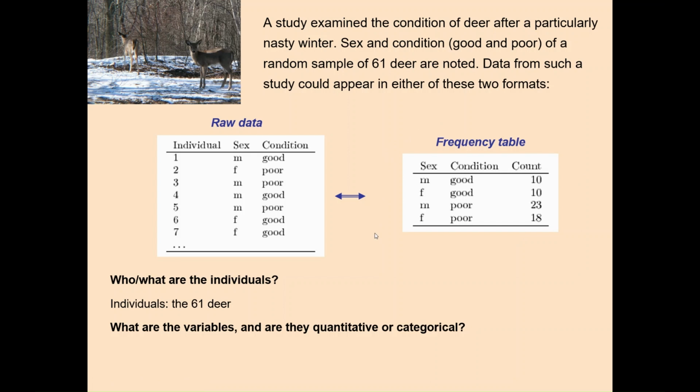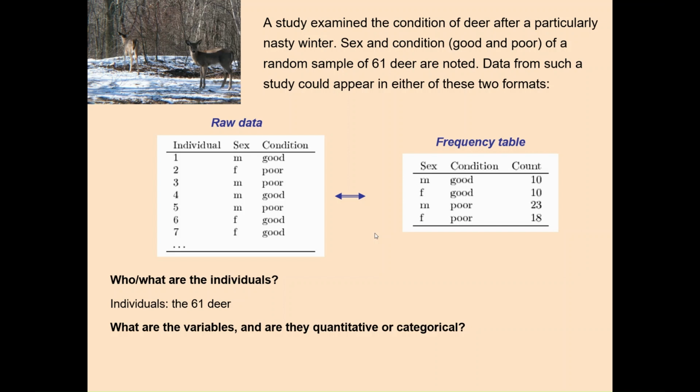So this is where the next kind of interesting part happens. A lot of people will answer that there are three variables. It actually ends up that there's only two, and the two variables are the sex of the deer and the condition. And so what's the deal with that third thing, count? We were not measuring the count of each individual deer.